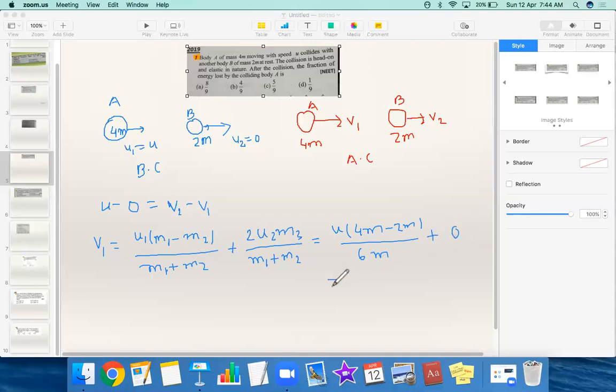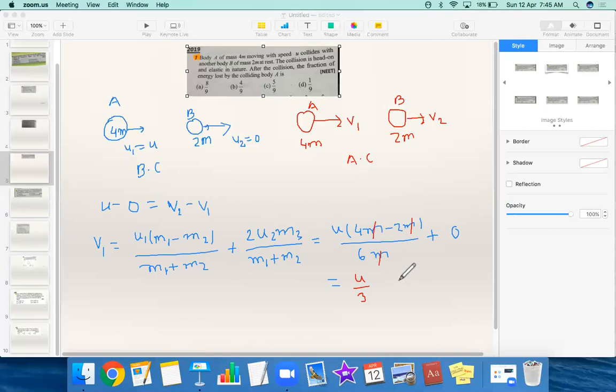So we will remain with what? m cancels out, this m, this m, and 3, this is 2, so we will have u by 3.